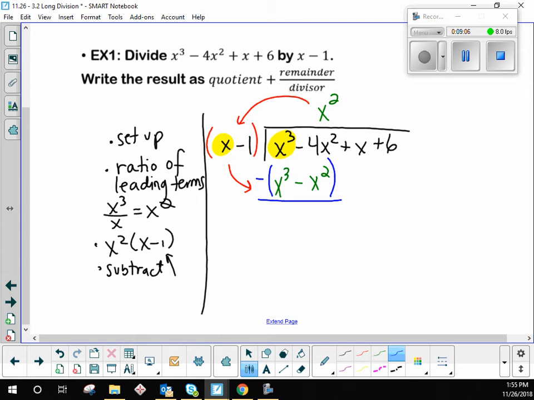So that negative on the outside is going to become like a tiny distributive property. It's going to change the sign of all those other terms. So this becomes plus negative plus. Notice now the x cubes cancel out. And then I have negative 4x squared, a positive x squared, negative 3x squared. So now I'm just adding vertically there.